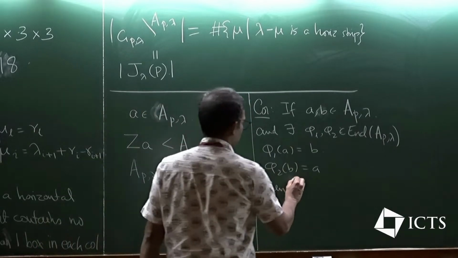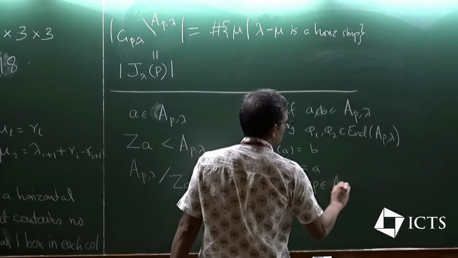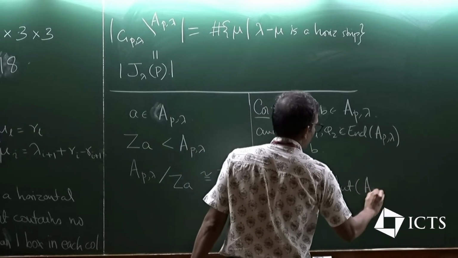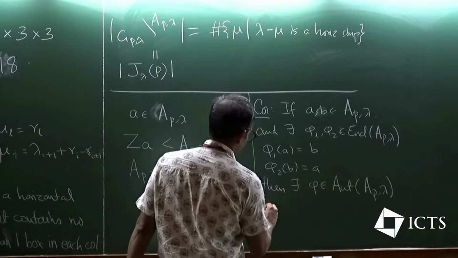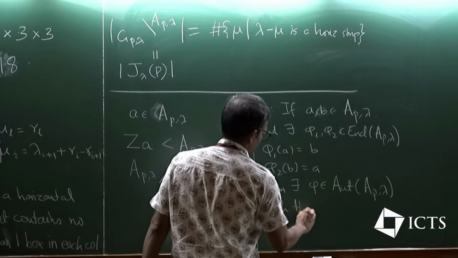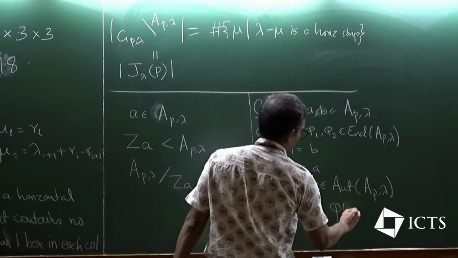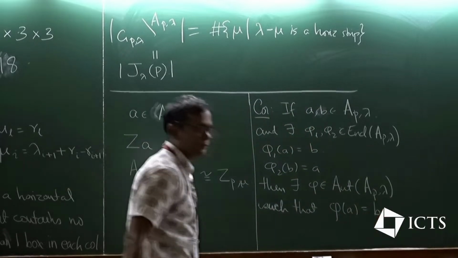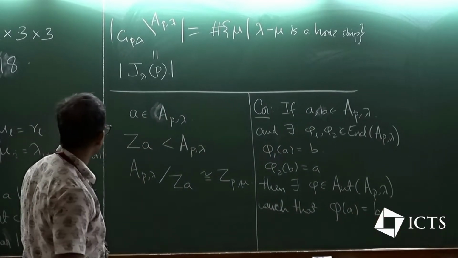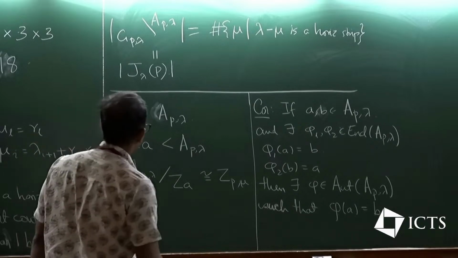There exists phi in Aut AP lambda such that phi of A is equal to AP mu.